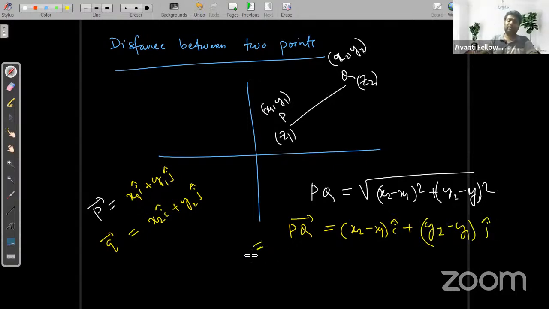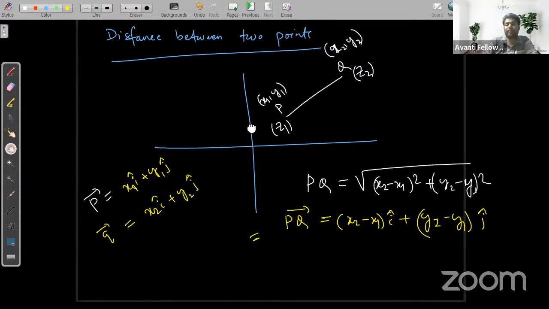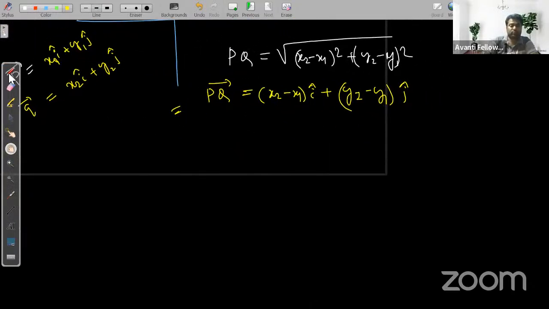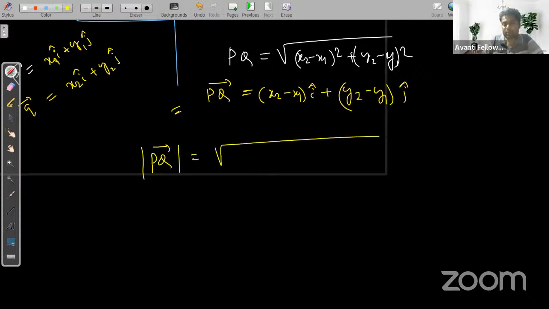All of these things we have studied in vectors also, and now we are studying them in complex numbers, right? So now if I ask you to find the magnitude of the vector PQ, it will be the same: square root of (x2 minus x1) whole square plus (y2 minus y1) whole square.